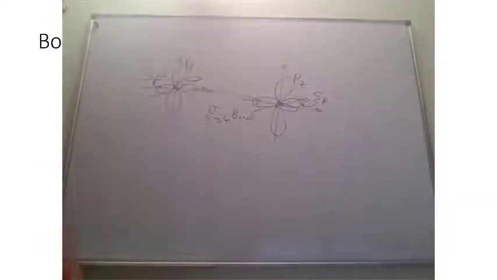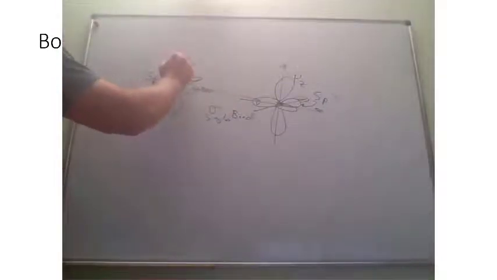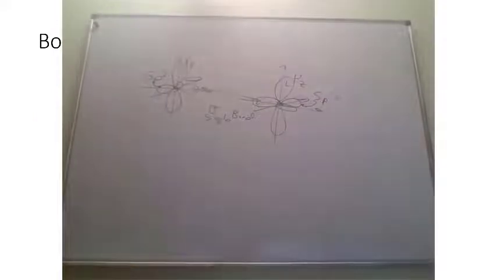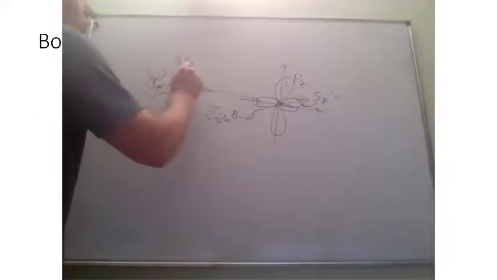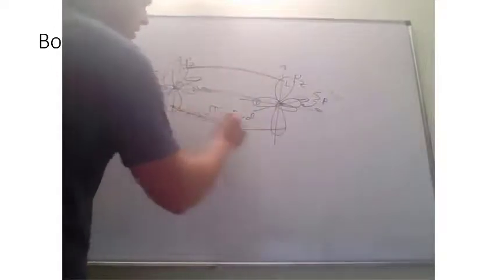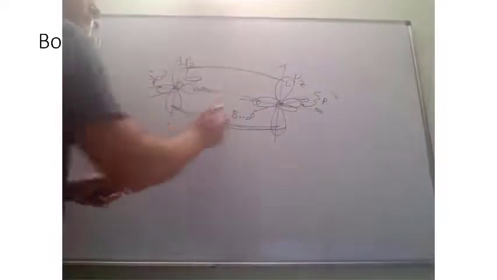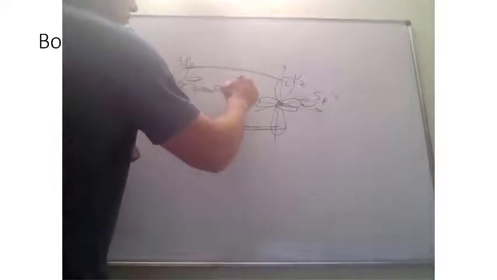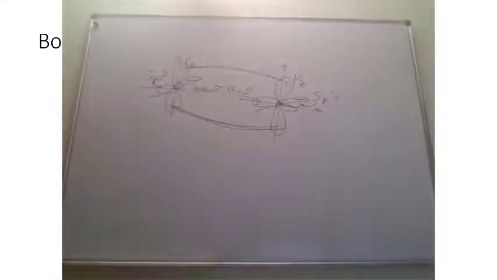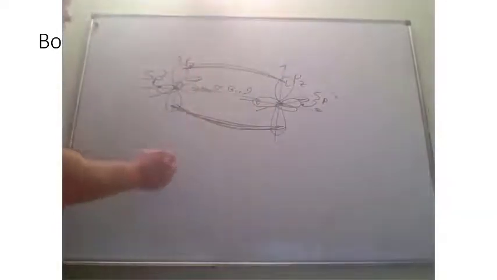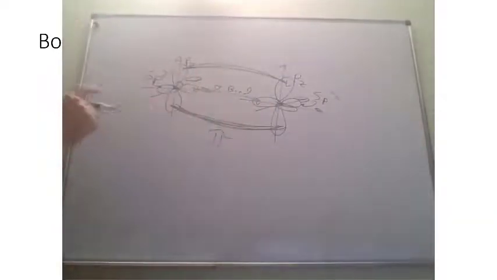We have to remember that you can also have electrons located in your pz orbitals. So what you can get here is an actual overlap of our pz orbitals on the top and the bottom. If I move this up a little and call this the sigma bond, the direct overlap between the sp2s, then above and below we have overlap of the orbitals in what's called a pi bond.